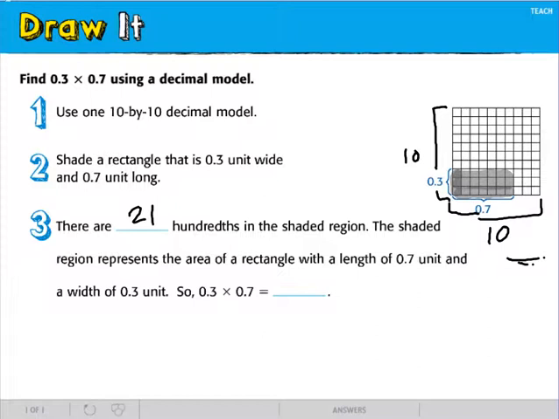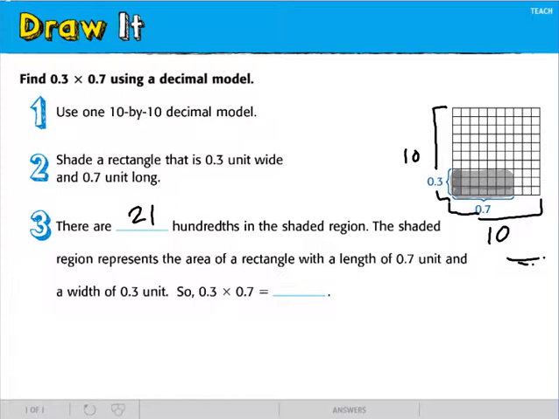How do I write 21 hundredths? How do I write 21 hundredths, Isaiah? I don't know. Morton? 2.1. That would be 2 and 1/10.